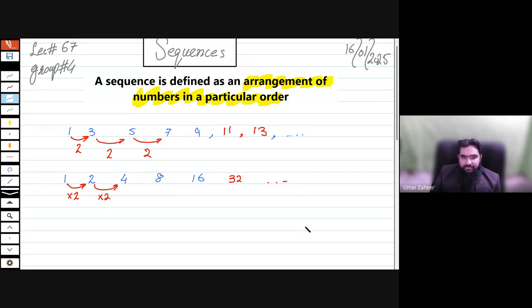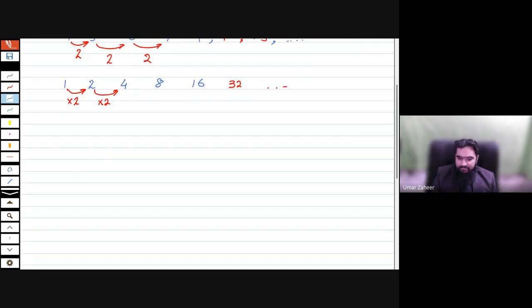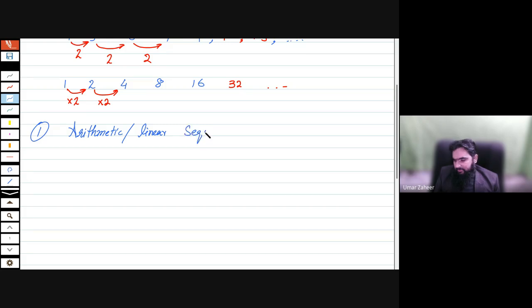Now we have different types of sequence, the types that we are going to discuss here. The first one is arithmetic or linear sequence. The second one, yes, what is the second type of sequence?